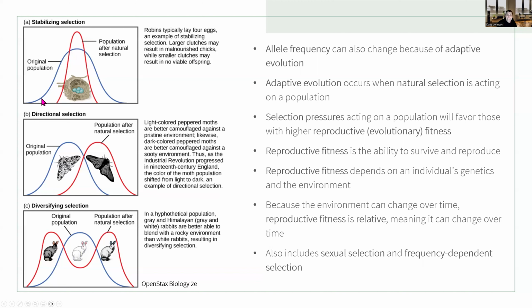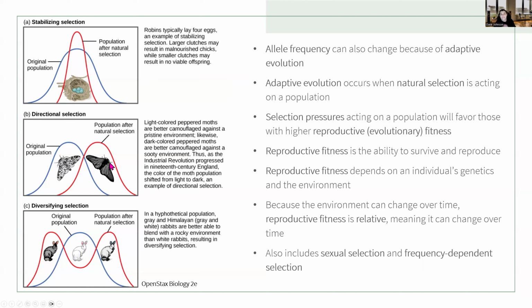If you have too many eggs, some of those chicks are going to starve because you can't feed them. If you have too few eggs, you run the risk of no viable offspring occurring. With smaller clutches, you're going to have some amount of attrition. Some eggs just aren't going to pan out. If you only lay one or two eggs and they don't hatch, you're not going to have any offspring. So there's an ideal number somewhere in the middle.